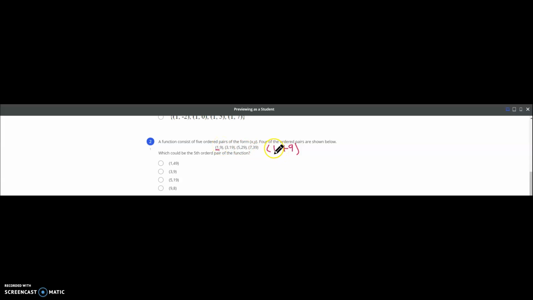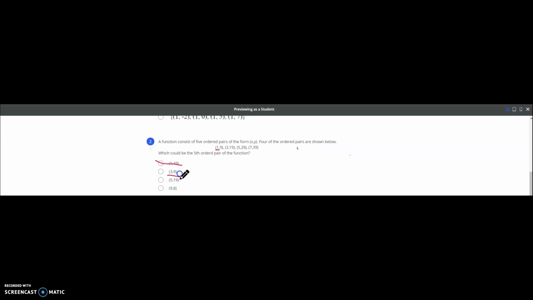But if we add this one here, we also have x is 1, y is 49. So that means if x is 1, y could be 9 or 49. So once again, every x is only supposed to have one y. If I put this one here, that would not be the case. So that cannot be an answer.